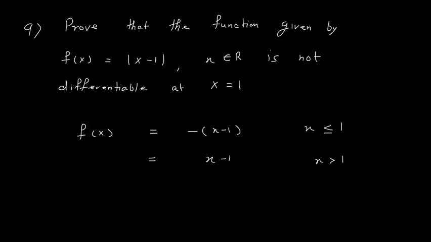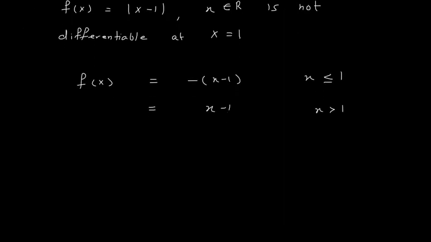Now I have to prove that the function given by this is not differentiable at x = 1. In our concept we have understood how to check the continuity or differentiability of a function at a point.